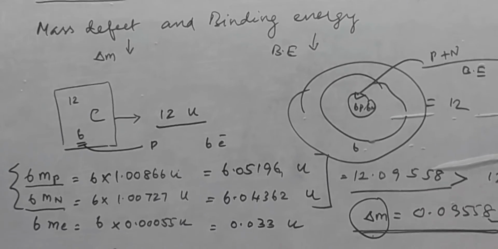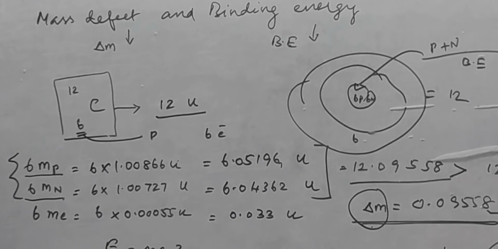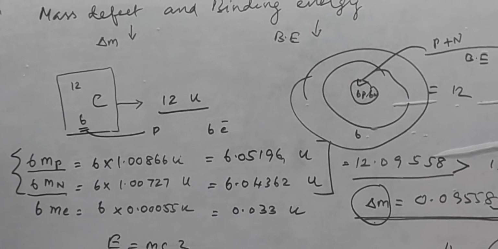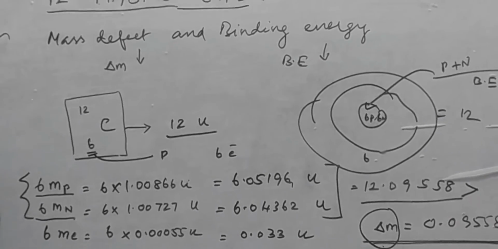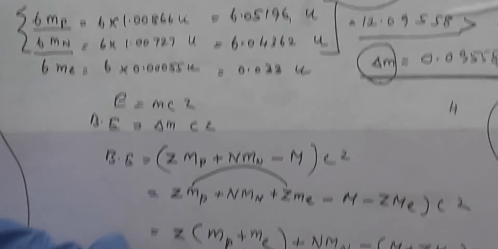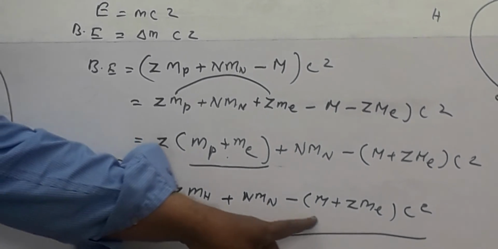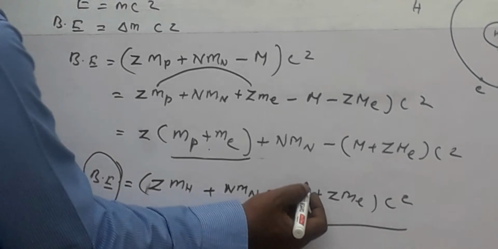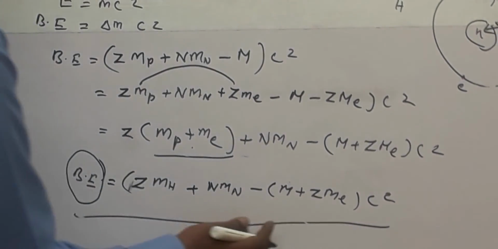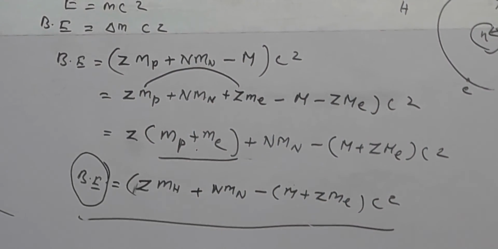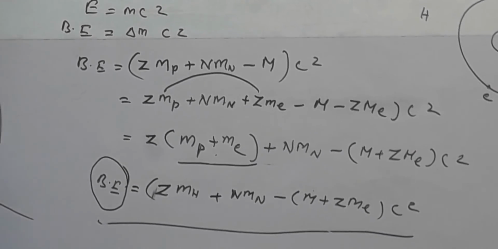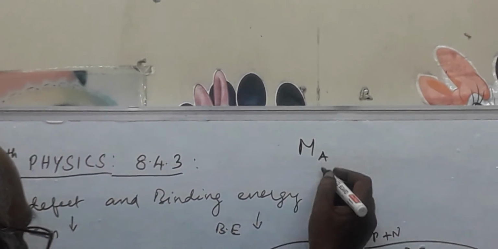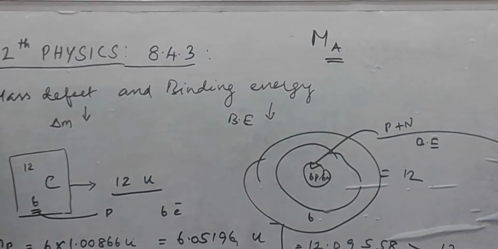Next, on the basis of this equation, I can modify it: Z mh plus n mn. These are all called total mass, plus Z me. This is nothing but the atomic mass.